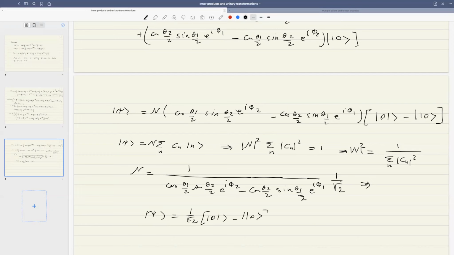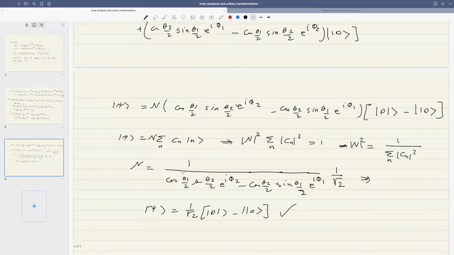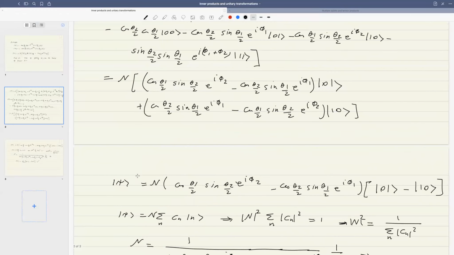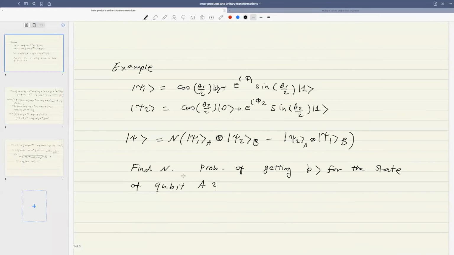And it's very easy to see that 1 over square root 2 squared plus 1 over square root 2 squared is 1, so this state is properly normalized. So we just found our n, and it's quite interesting that even though we had these two arbitrary states for the individual qubits, when we construct this particular combination, it just becomes a standard singlet state that's independent of all the angles.